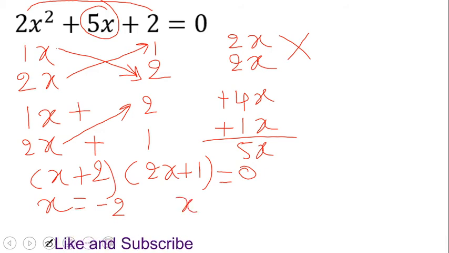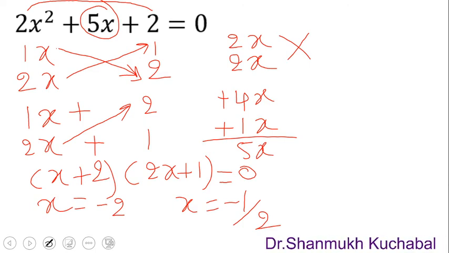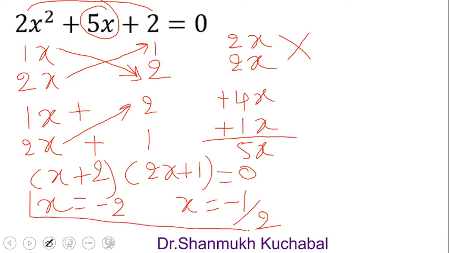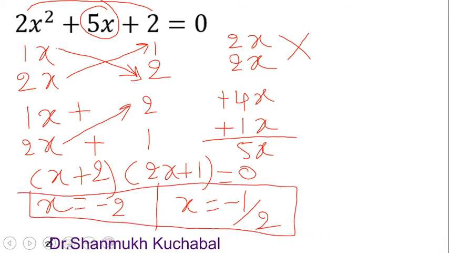So x equal to plus 1 is there, transported to RHS, minus 1 we get. And 2 and x multiplied, transporting, division we are going to get. Okay, therefore we get an x solution as minus 2 and one more x solution as minus 1 by 2.